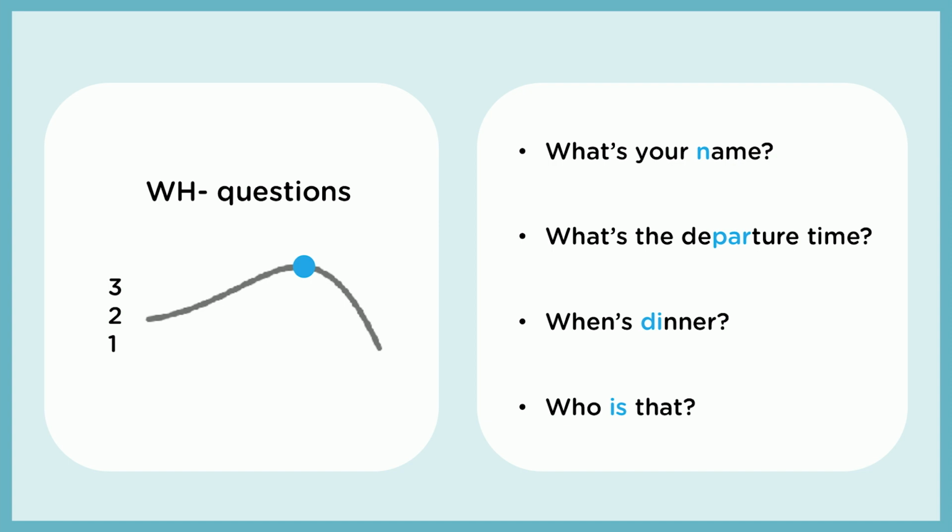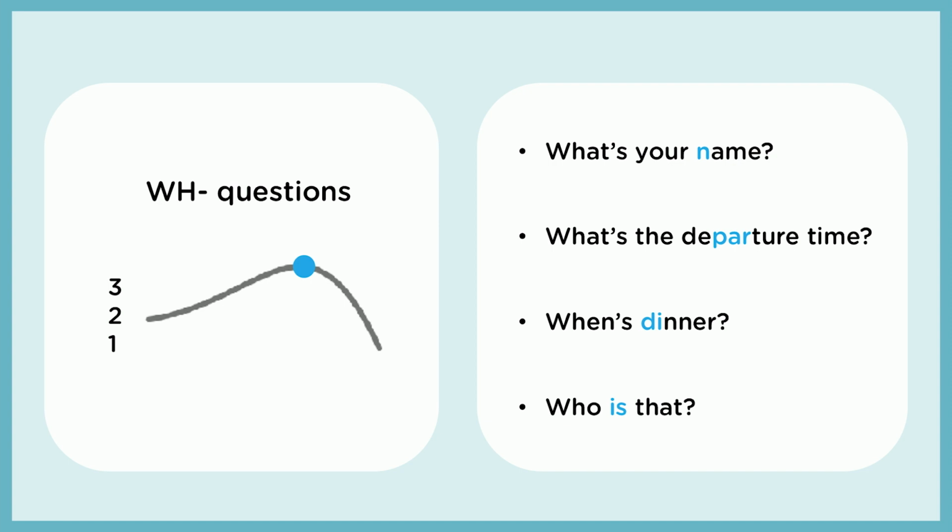I've completely forgotten. What's your name? J. And there we have the question, what's your name? So the N is the highest part of how I'm lifting my voice. What's your name? And then I bring it back down. What's the departure time? Beautiful.